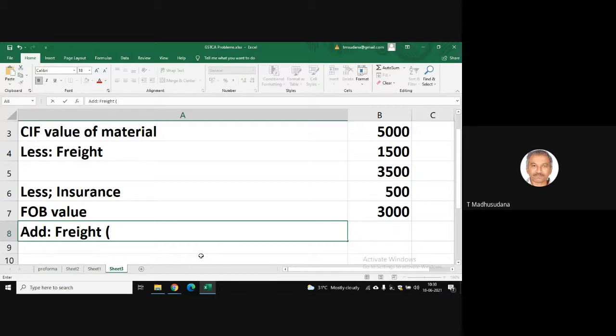But here in this problem, freight is 1500, which is greater than 20%.